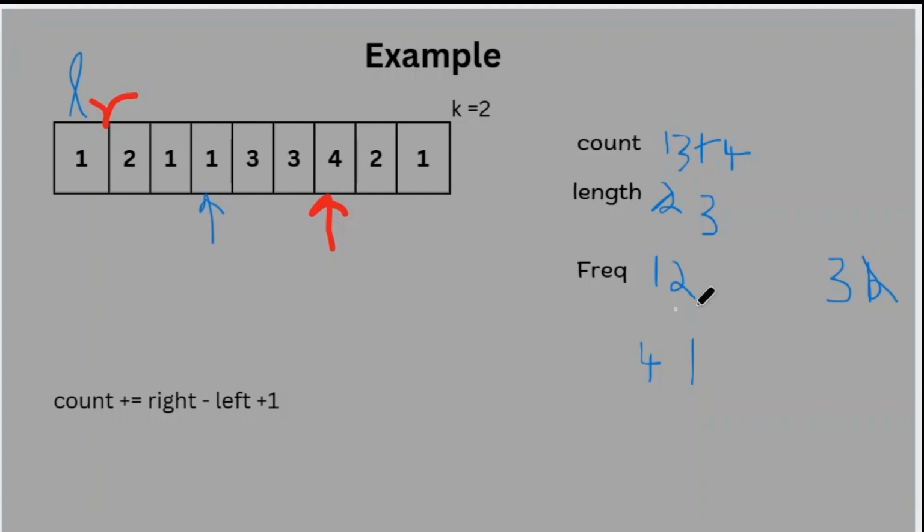Left is incremented. Now the occurrence of 1 becomes reduced, and now 1 will be occurring 1 time. Next, there is no change in length, so again we are going to increment the left pointer.